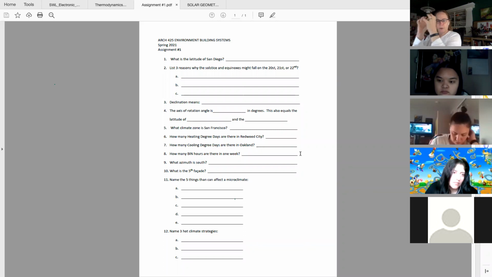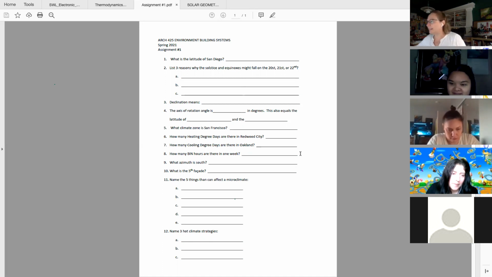They put it all in a bin, and then they can compare all these different bins of data to see what kind of heating and cooling degree days you have in your climate and how that's going to affect your building loads for heating and cooling. Oh, okay. Wonderful.